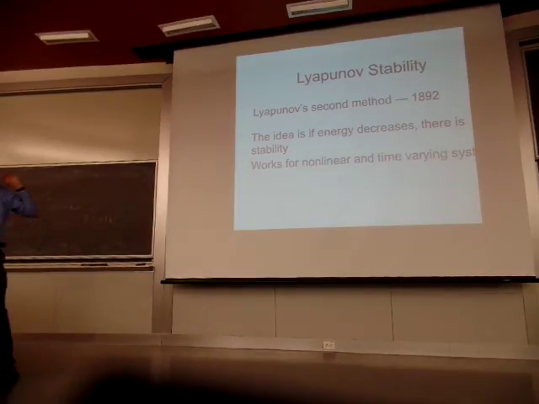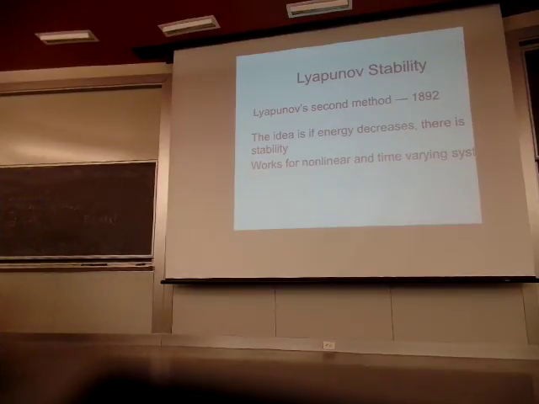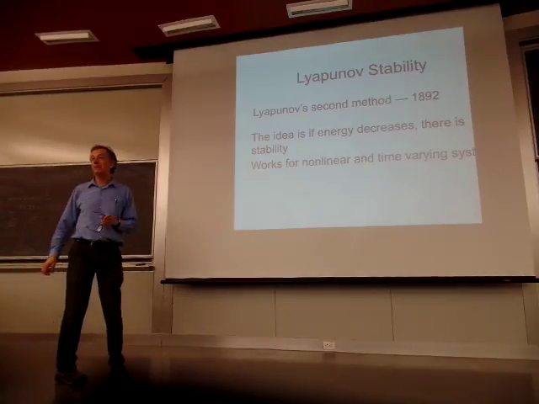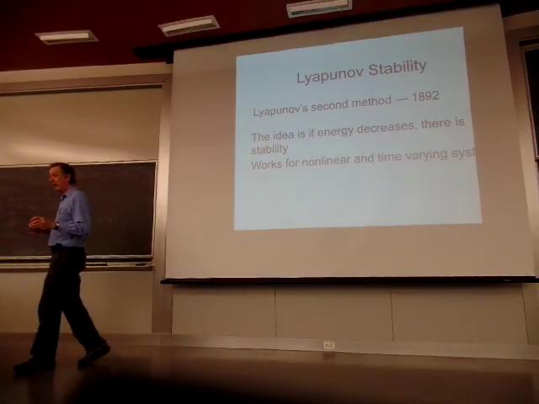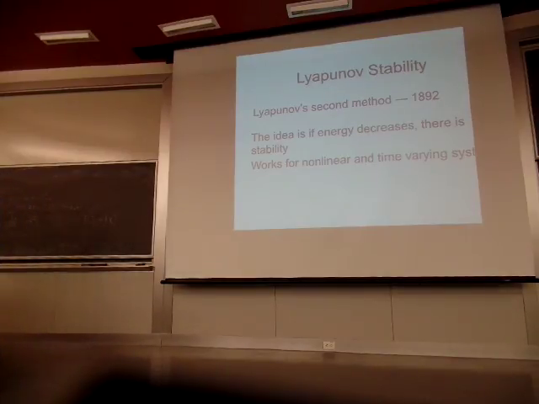And it works for nonlinear time-varying systems, any kind of system. So it's a very powerful method. In fact, in a nonlinear controls course, they'll spend quite a bit of time on Lyapunov stability, determining all different ways of finding regions of stability for nonlinear systems. It can get kind of hairy for a while, but it's a very powerful technique, and it also guarantees stability or instability.